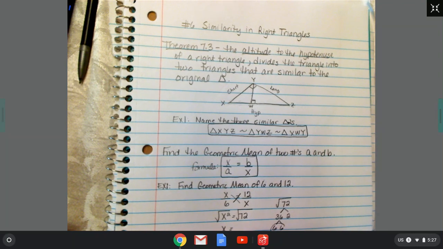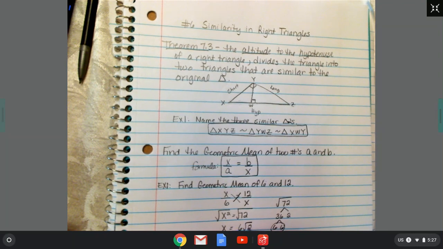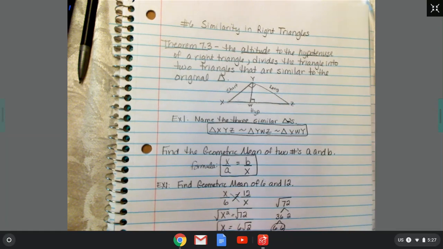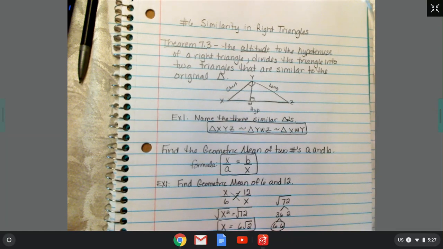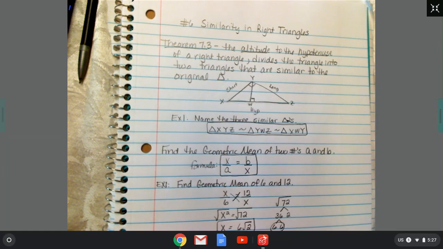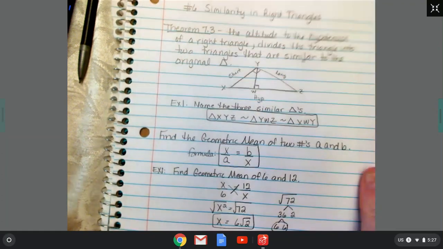So we can do 6 radical 2. We have twins here. We can take out of the radical. We have to leave the 2 inside. Okay, now technically we would say plus or minus 6 radical 2, but because we are doing a relationship to a geometric figure later, this will actually apply to our triangle later. We'll just do a positive answer.